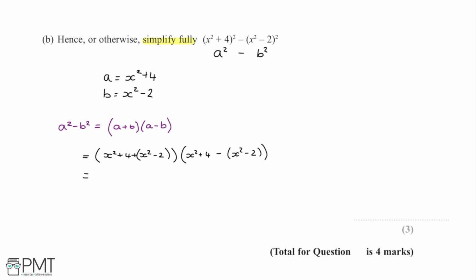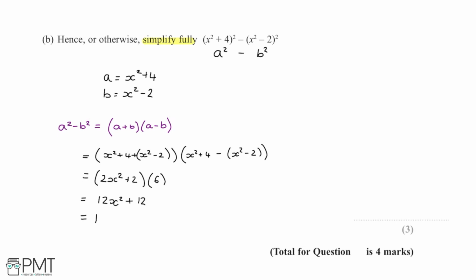If we expand out, add and subtract and take out the brackets, we're going to be left with 2x squared plus 2 multiplied by, so the x squareds here cancel out, and then we're left with 4 minus minus 2, which is 4 plus 2, so multiplied by 6 basically here. And that's going to leave us, if we multiply this out, with 12x squared plus 12.